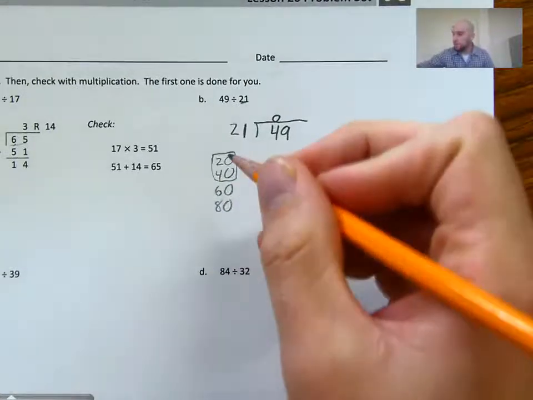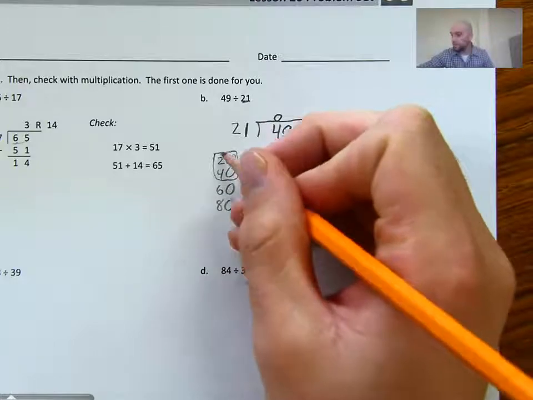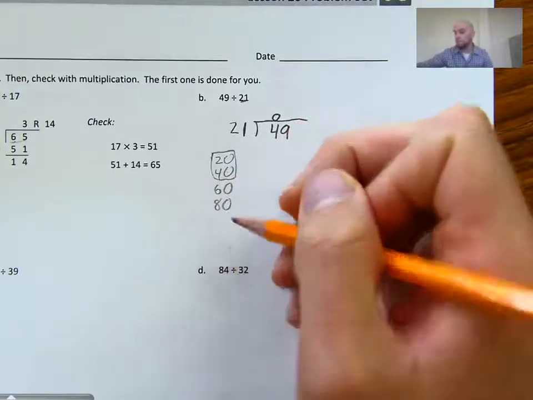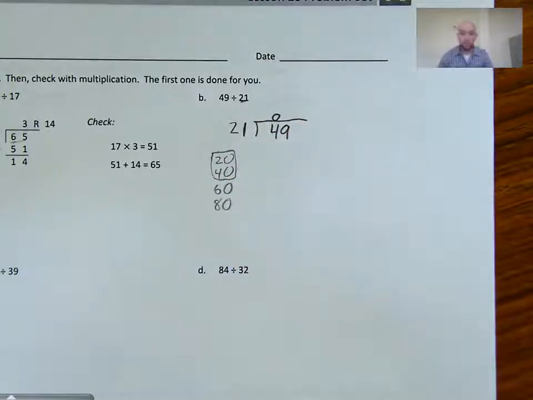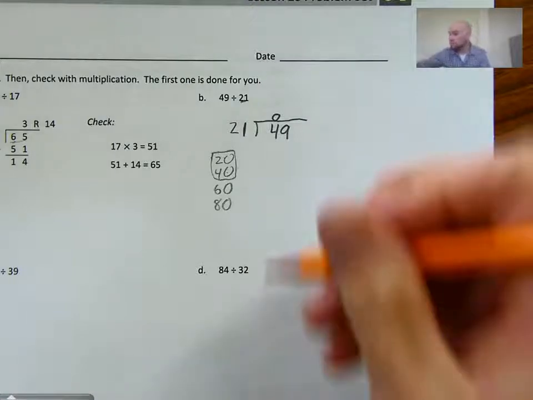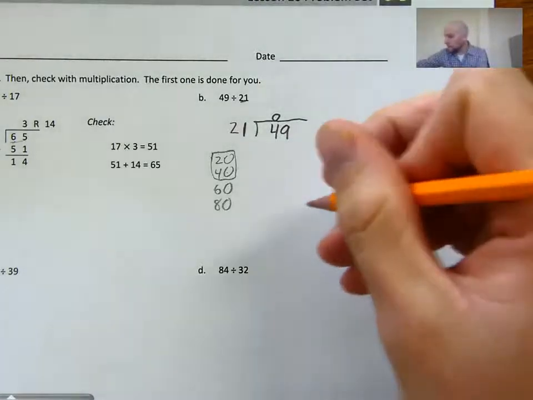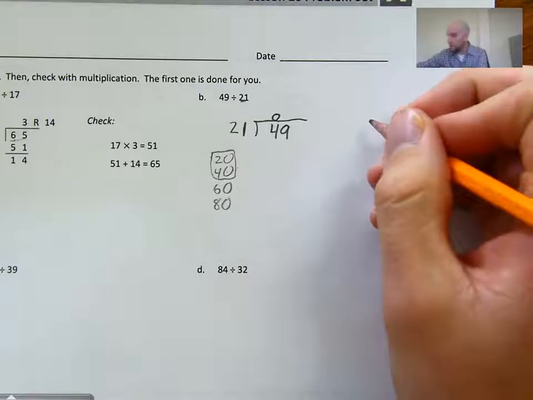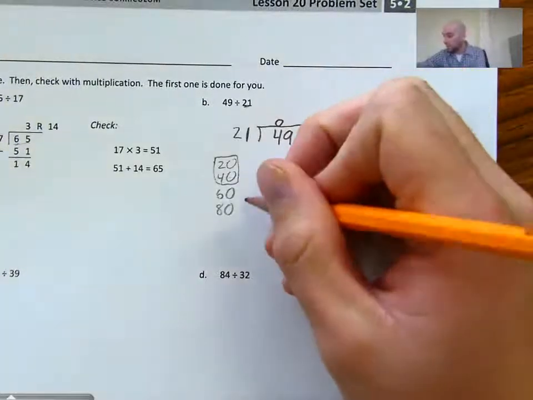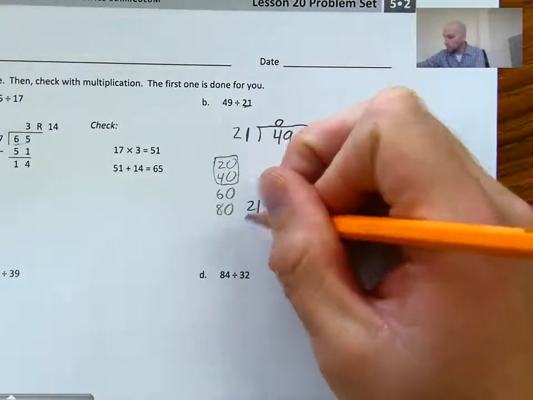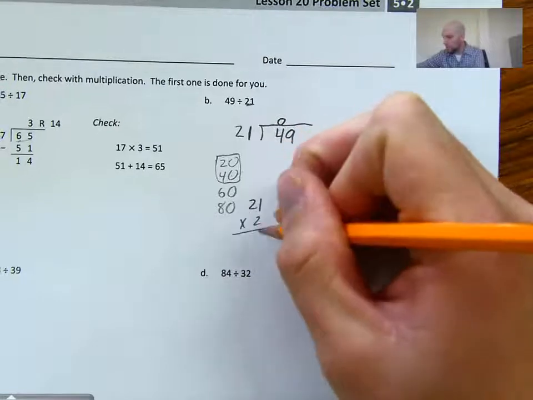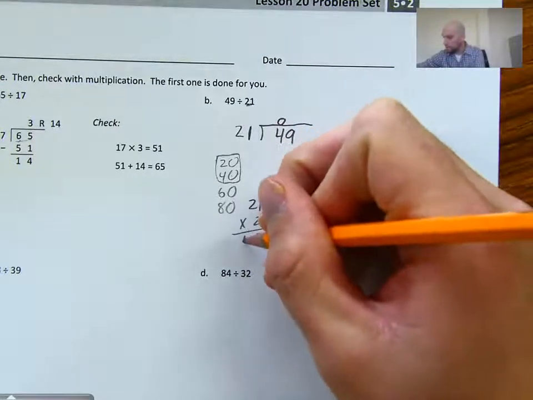So my estimate would be that 21 is going to go into 49 2 times. The next thing I'm going to do is take 21 and multiply it by 2. I'm going to check that. So 21 times 2, and I'm going to get 42.